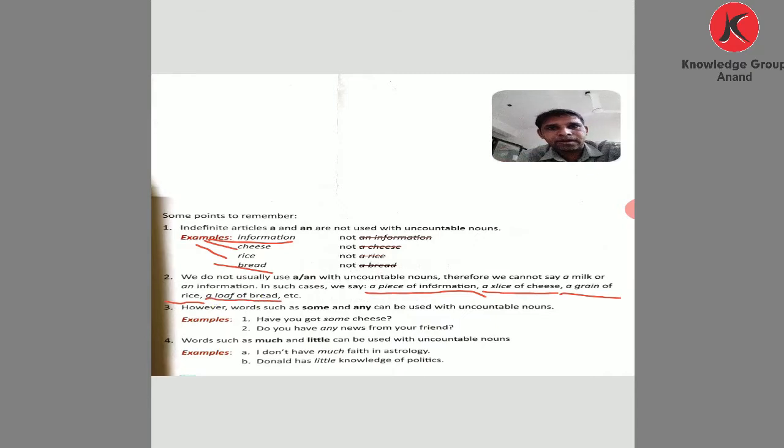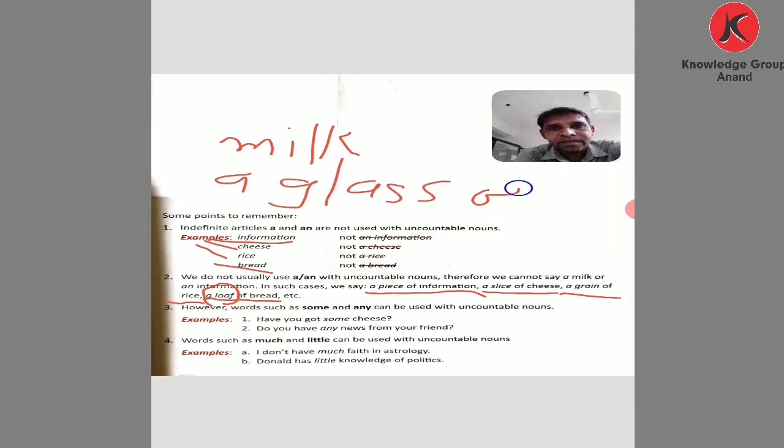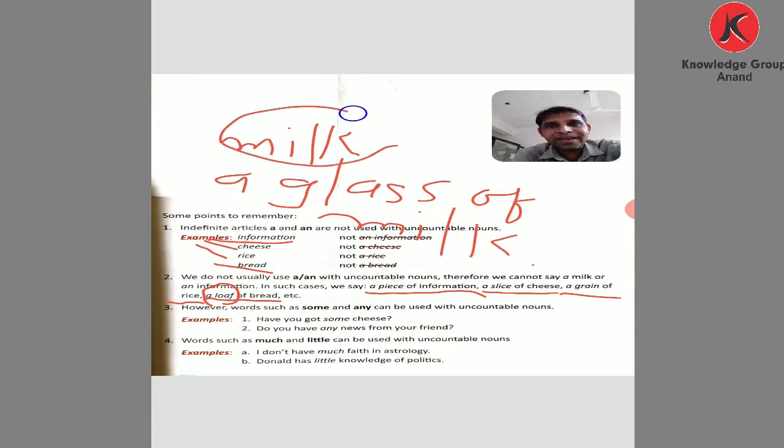It's countable if we put the article a, showing the quantity. Milk is an uncountable noun, but we can use the article where we say a glass of milk. A glass of milk is countable, but milk is uncountable. It's a liquid, we cannot count it.